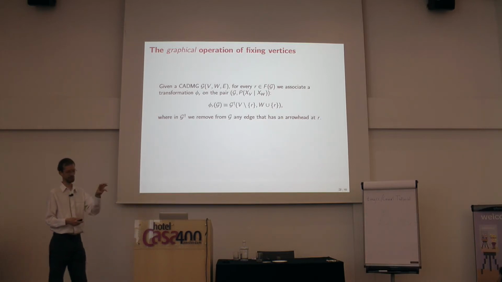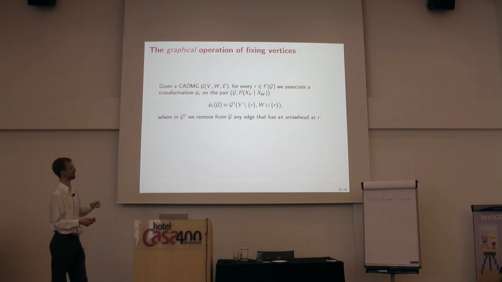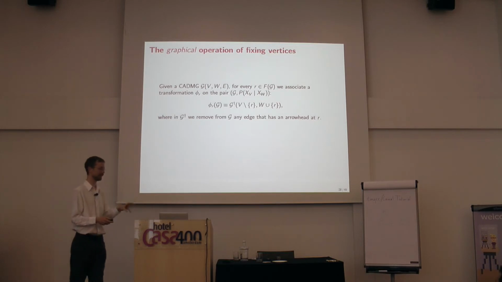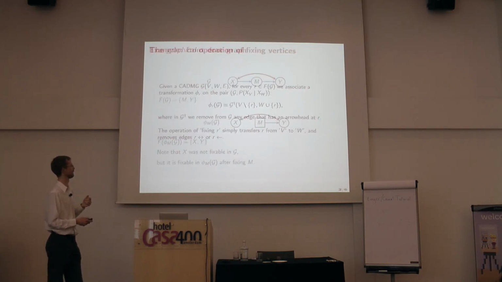Instead of R being in a circle, we put R in a square box, and any edge that has an arrowhead at R is removed. It's just like the do operation that we were doing before. So fixing R transfers R from V to W and removes any edges that have an arrowhead at R.